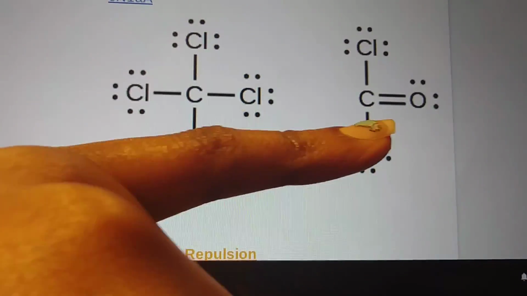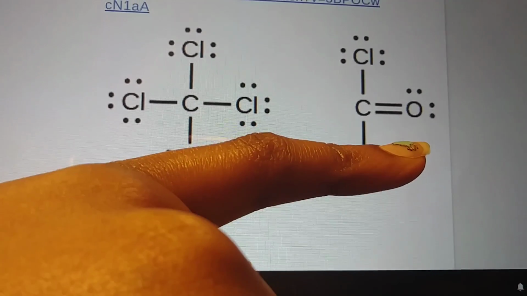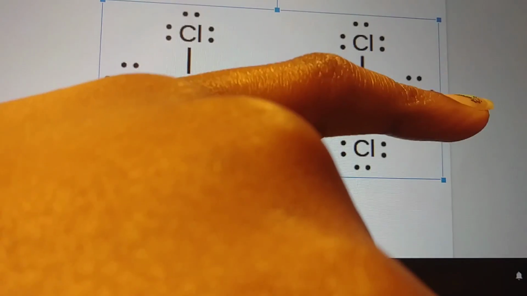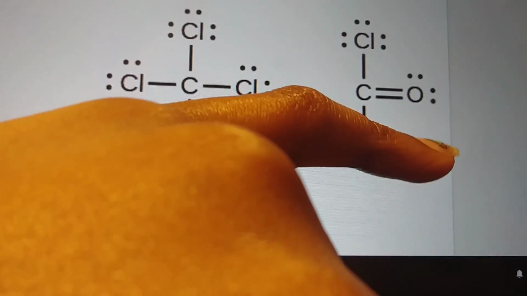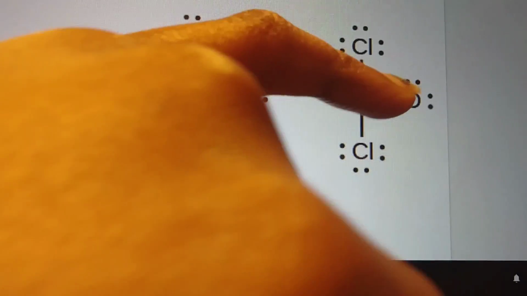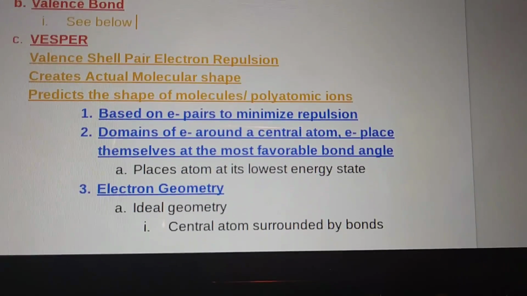However, because oxygen over here, it's only 1 oxygen, not 2. You need to have a double bond to satisfy the octet rule for both oxygen and carbon. So we're going to talk about valence bonds a little bit later.